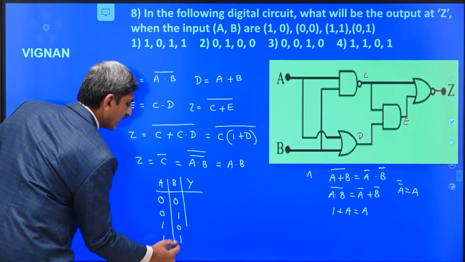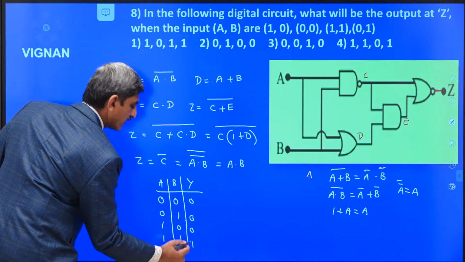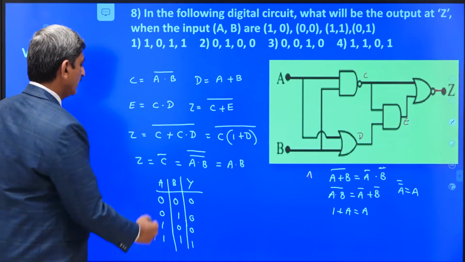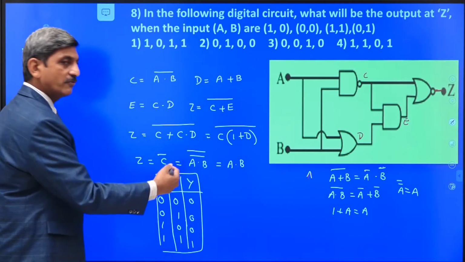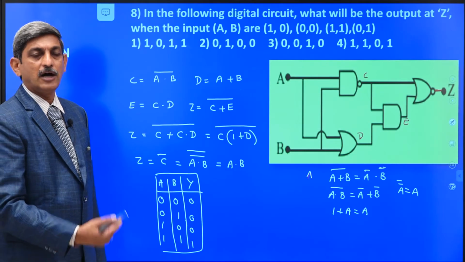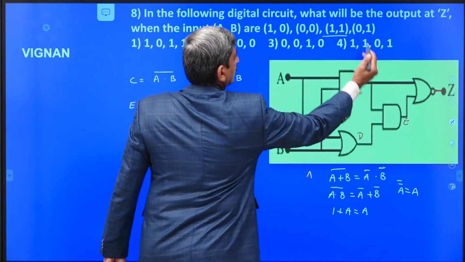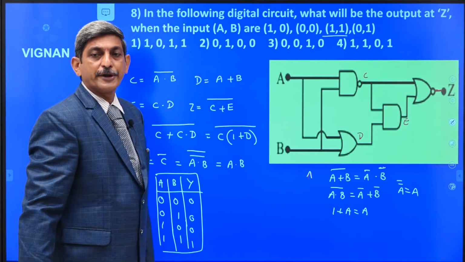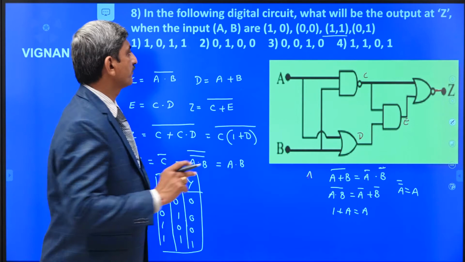The output of the AND gate is 1 only when the two inputs are 1. That's why using this truth table for the given 4 combinations, we can identify the outputs. Only in the third option the two inputs are 1, that's why the output is 1.